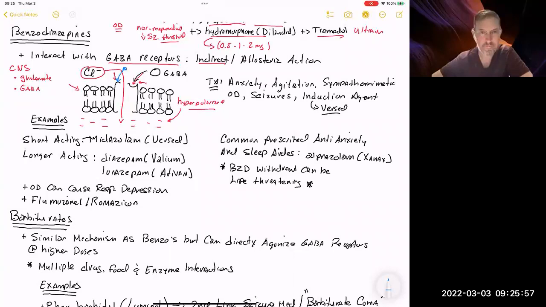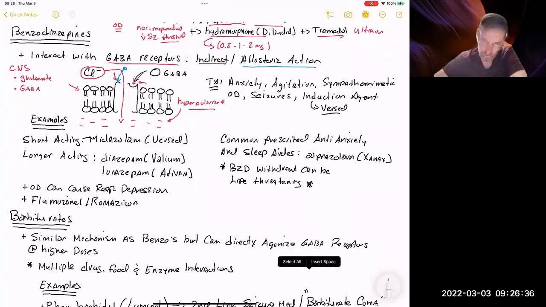The receptor will stay open longer and allow more chloride. When you have that kind of mechanism, where it is not directly interacting with the active site, we call that an allosteric mechanism or allosteric action. Some drugs are that way. They don't directly interact in the active site of the receptor. All right, so these hyperpolarized neurons are suppressed and do not depolarize, or it's much more difficult to depolarize them.